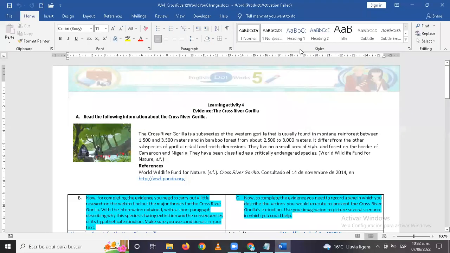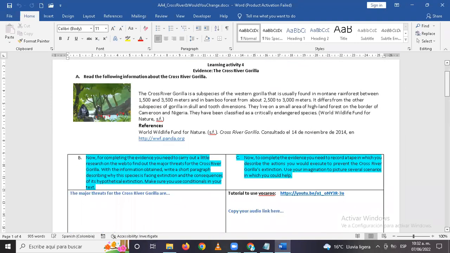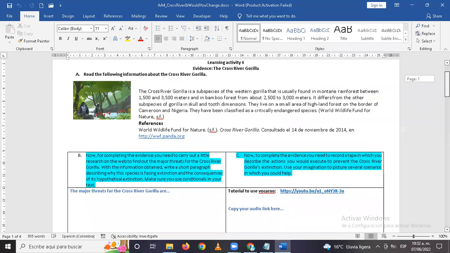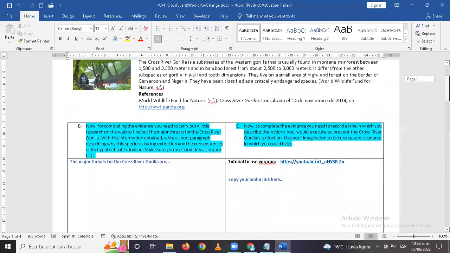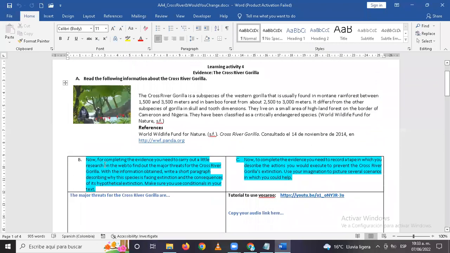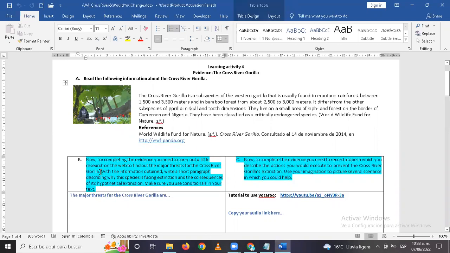Entonces, en esta actividad tenemos a reading. Read the following information about the Cross River Gorilla. And now you have to, for completing this evidence, you need to carry out a little research on the web to find out the major threats for the Cross River Gorilla. ¿Cierto?